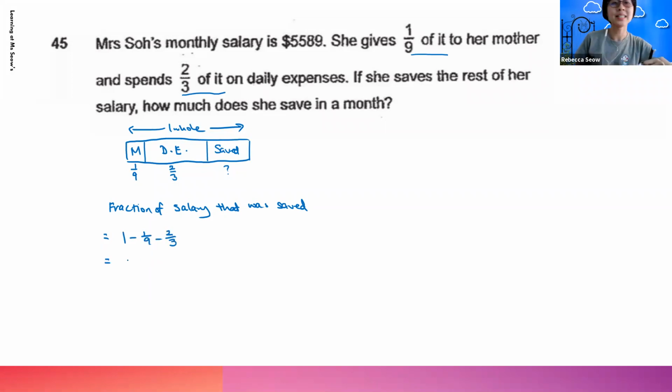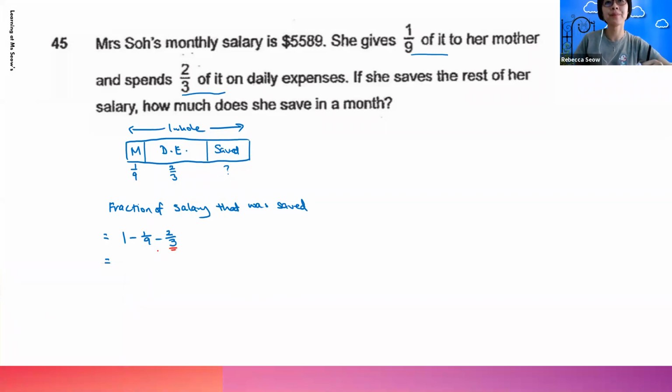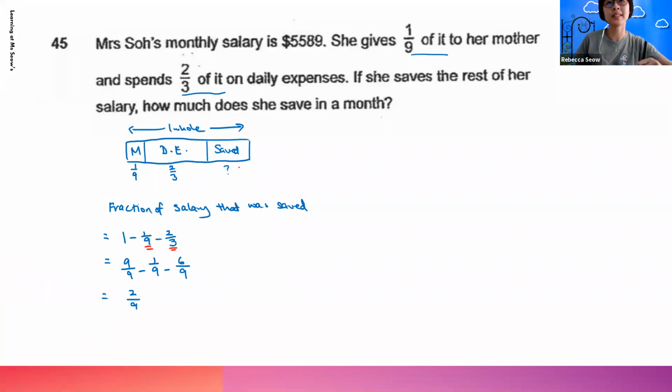Looking at the denominators, we have 9 and we have 3. You could change 3 to 9 by multiplying by 3. So we have 9 out of 9 minus 1/9 minus 6 out of 9. You're left with 2 out of 9. So the fraction of money saved is 2 out of 9.